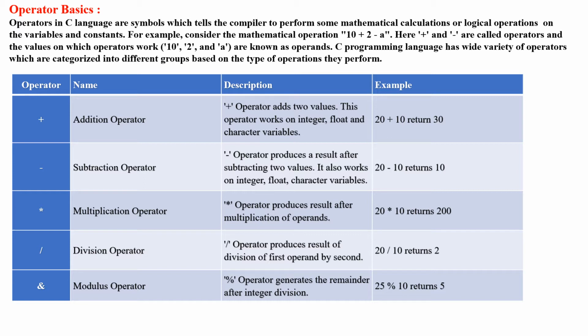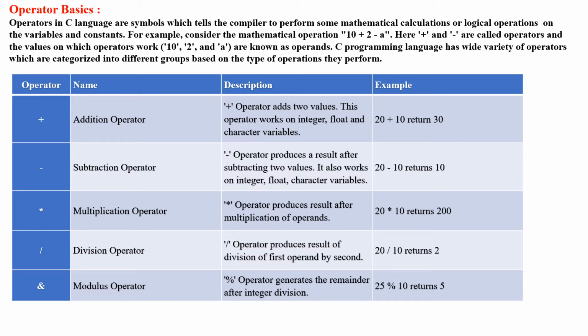Here plus and minus are called operators, and the numbers 10, 2 and a are called operands. C programming language has a wide variety of operators which are categorized into different groups based on the types of operations they perform.